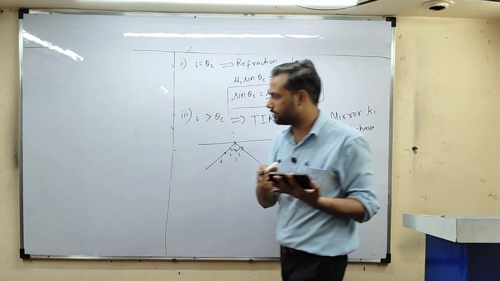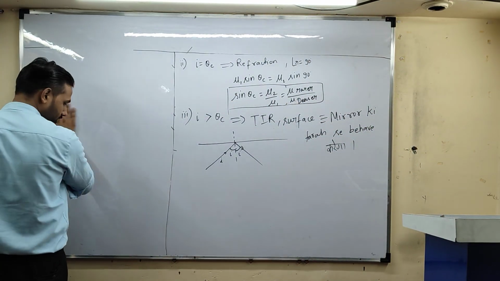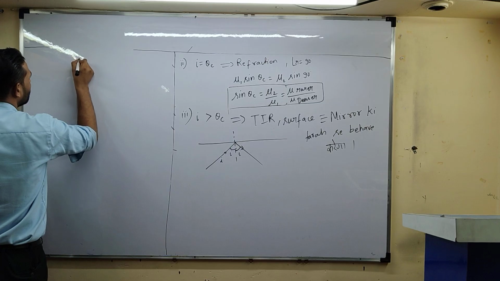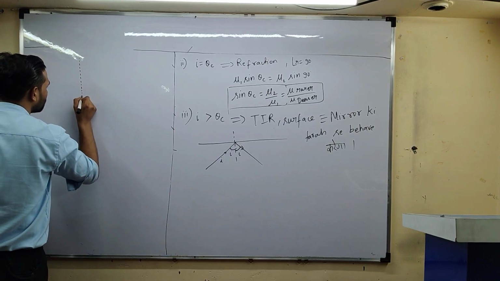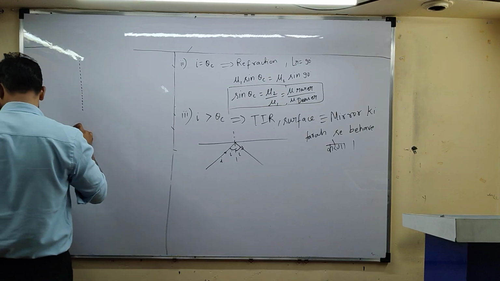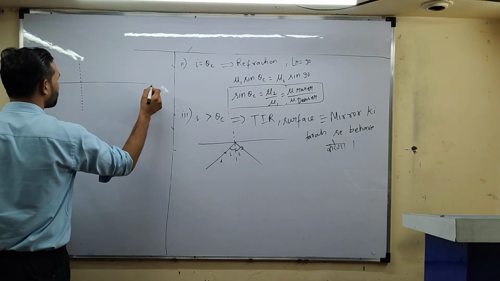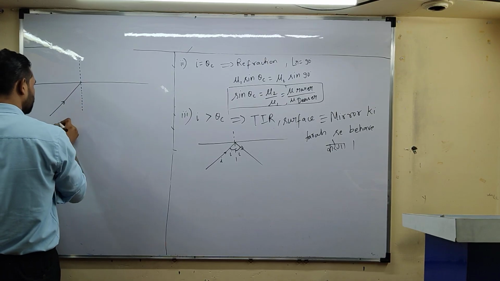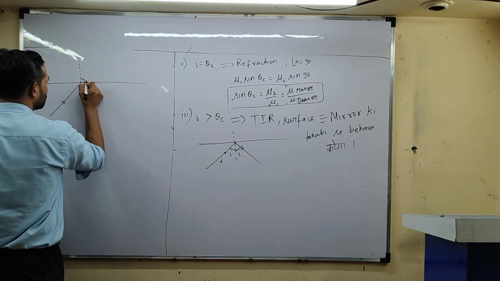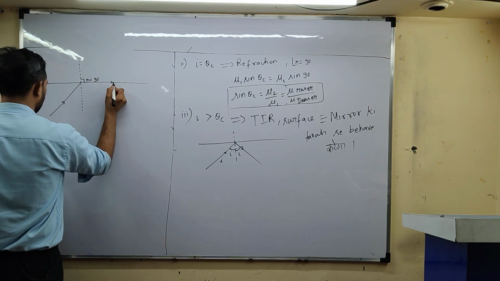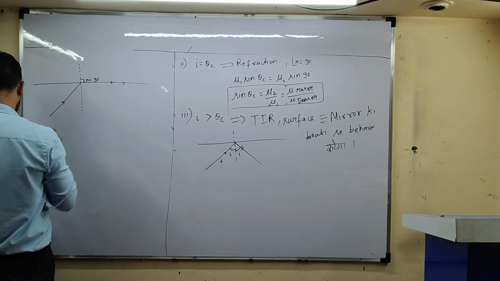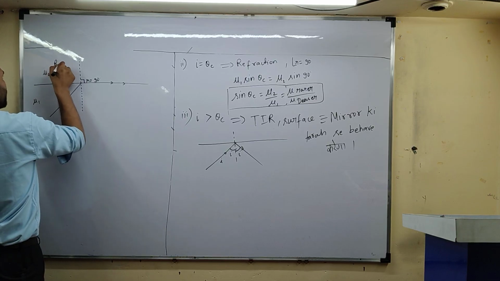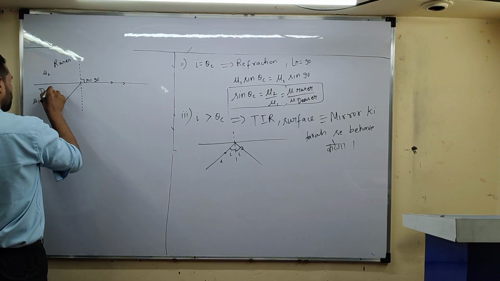Just write the basic concepts, okay? R equals 90 degree. This one is mu2, here mu1. This one is rarer medium. This one is denser.